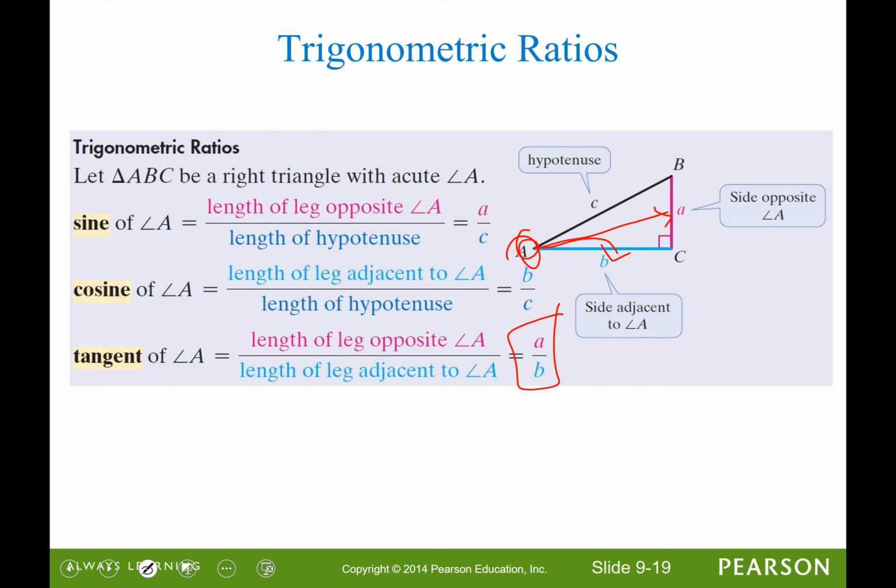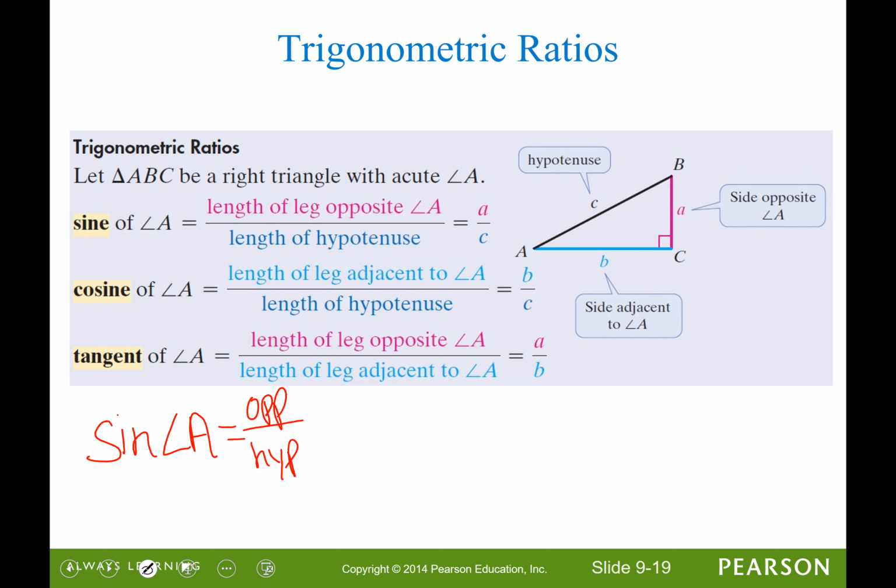All right, I'm going to rewrite these in a way that you'll more often see them. Sin of angle A is equal to opposite over hypotenuse. That's this first one here, abbreviated.